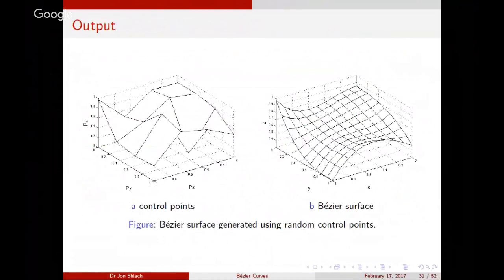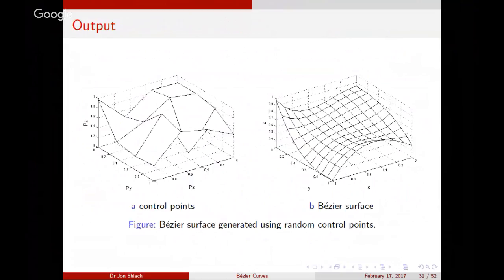Okay, so here's an example. What I've got here is I just said, okay, randomly give me 16 coordinates. So I've got a patch. Okay, so my x coordinates, my px, are between 0 and 1. It doesn't have to be, I'll just, for ease of use. My y coordinates are between 0 and 1.